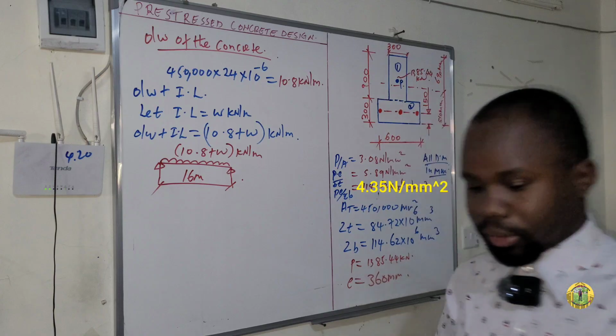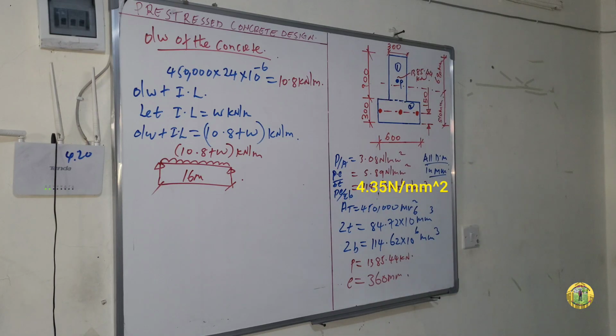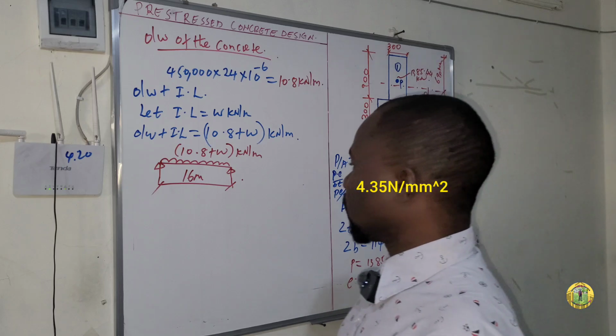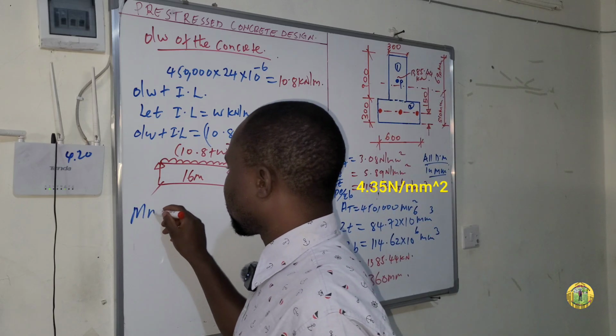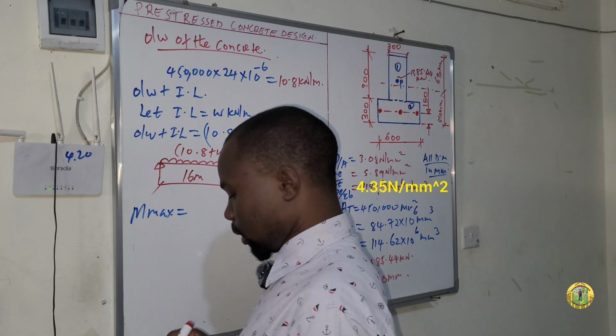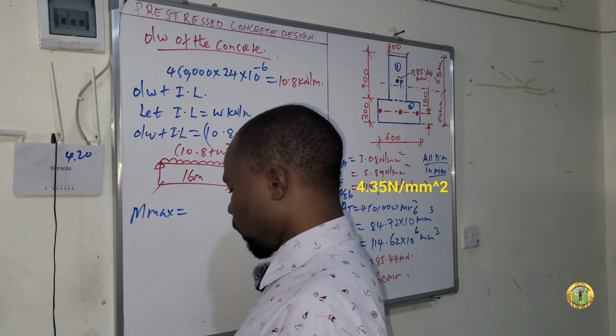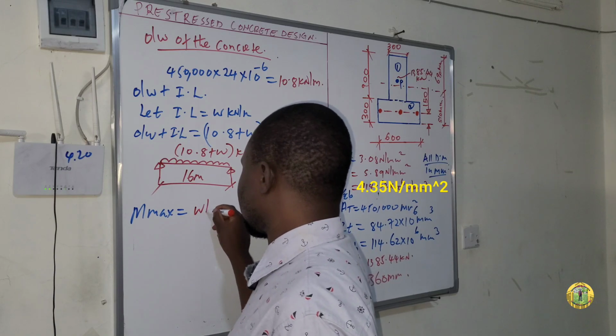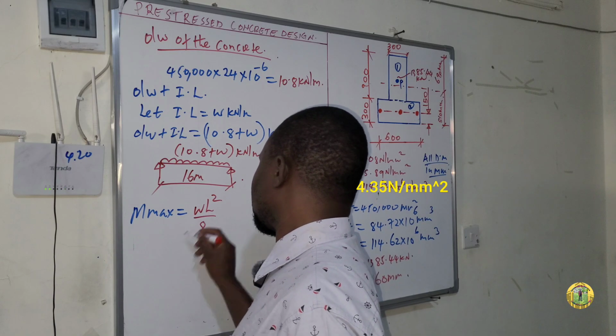Now, the maximum moment M max is given by WL square over 8.